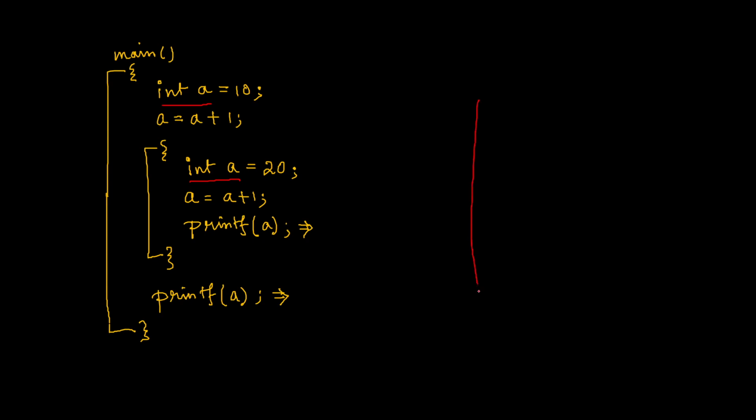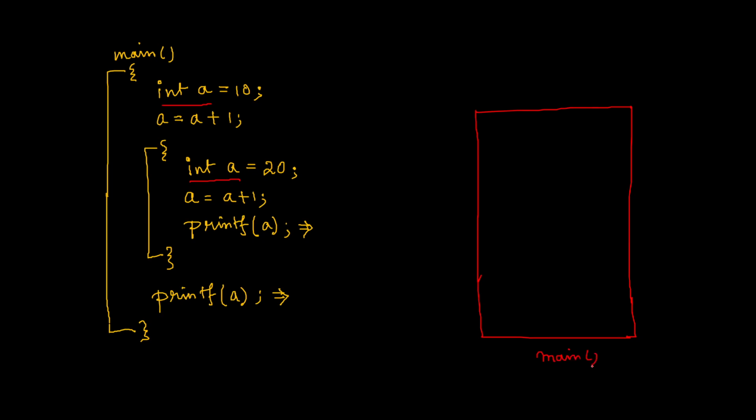So let's draw the scope first. Suppose this is the total memory space of the main function, and it's very easy to see that I must have an inner scope within this large scope, right? So I'll have something here.